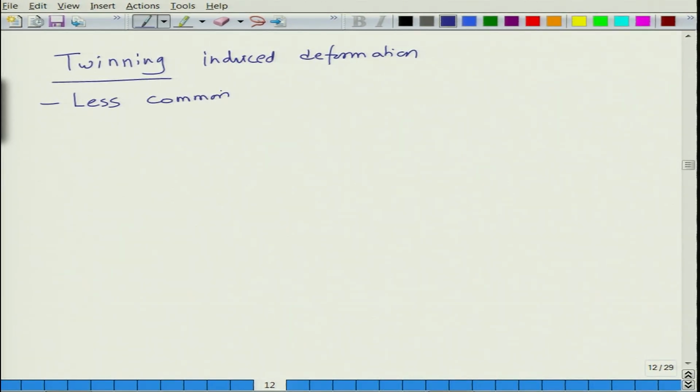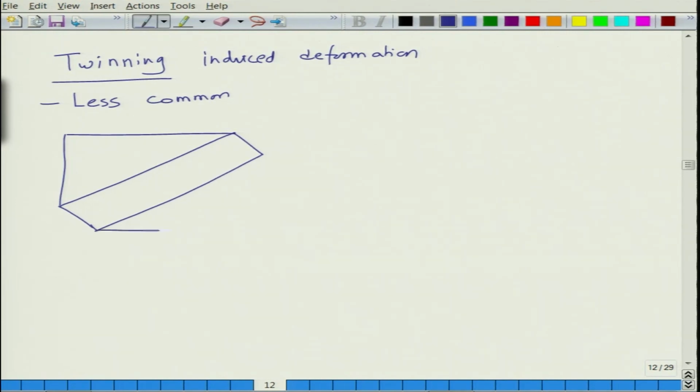In twinning induced deformation, we have a region in which this half and this half are identical to each other, and in between we have what we call a twin. If you look at the twin boundary, let us say this is one plane of atoms, this is another plane of atoms.